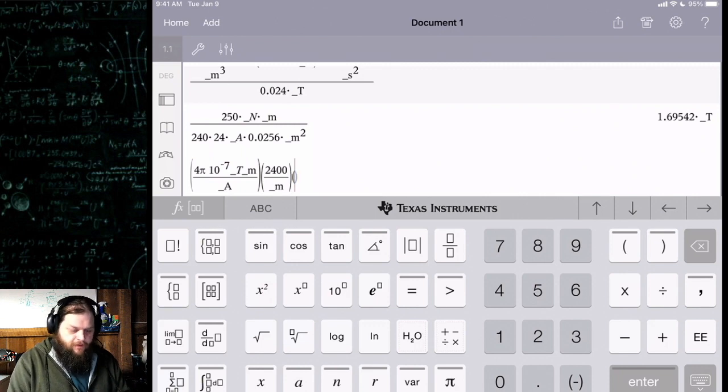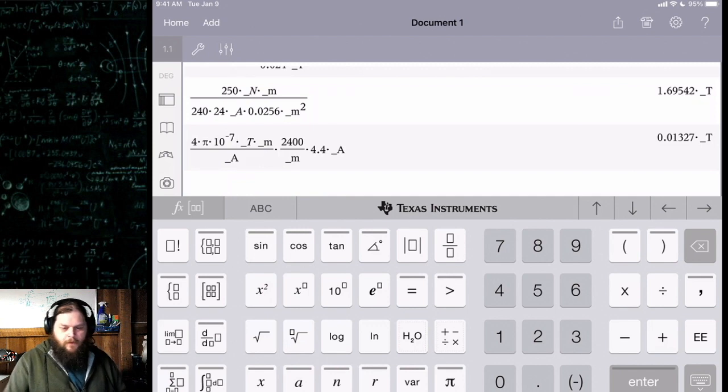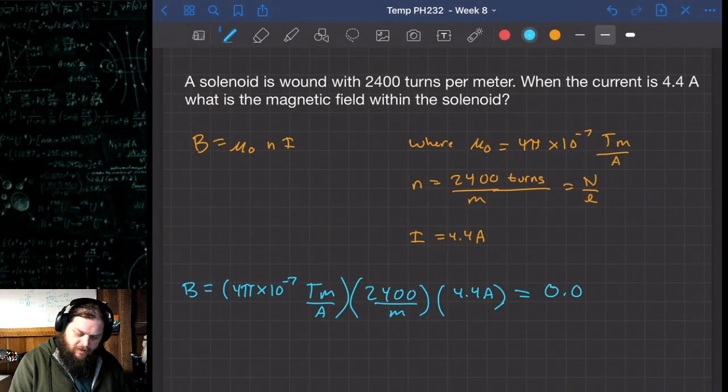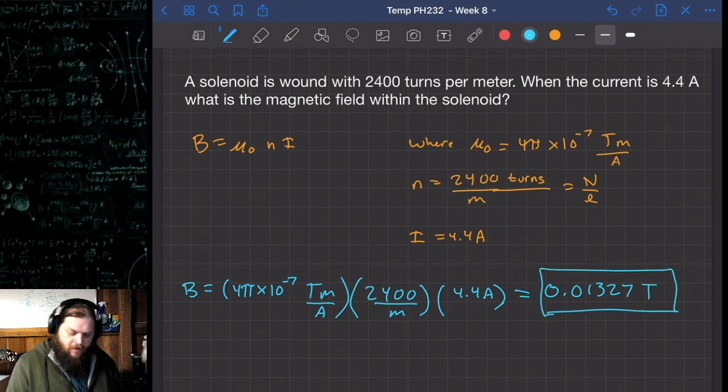Multiply that by 4.4 amps, and we end up with 0.01327 Tesla. So that's the strength of the magnetic field that goes inside of that solenoid.